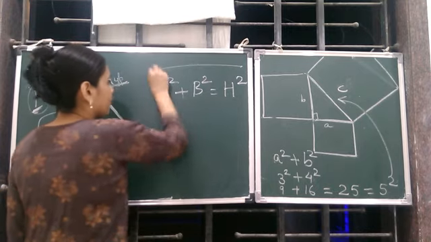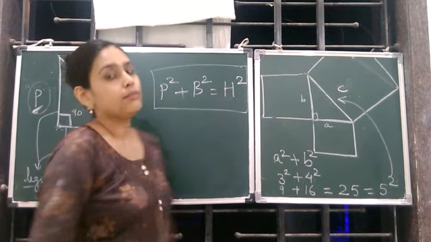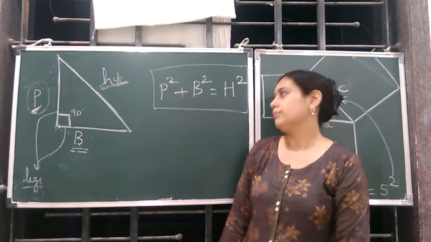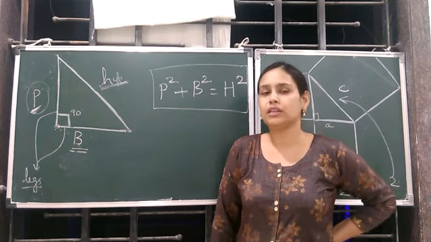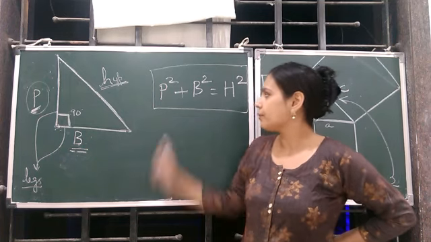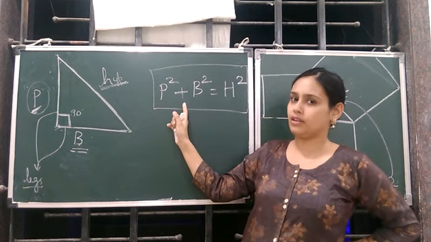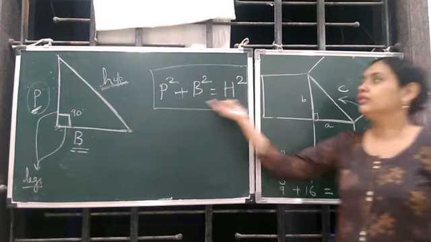And this property is known as the Pythagoras property. Okay, because it was discovered by the mathematician Pythagoras. I'll Google it and let you all know. So this property is known as the Pythagoras property, or you can also say the Pythagoras theorem. Now theorem means how this is possible.